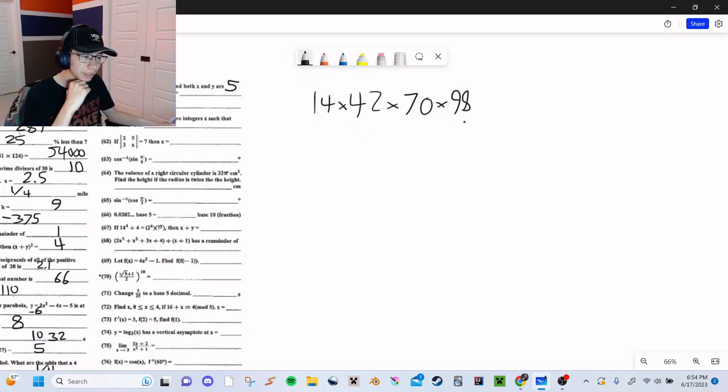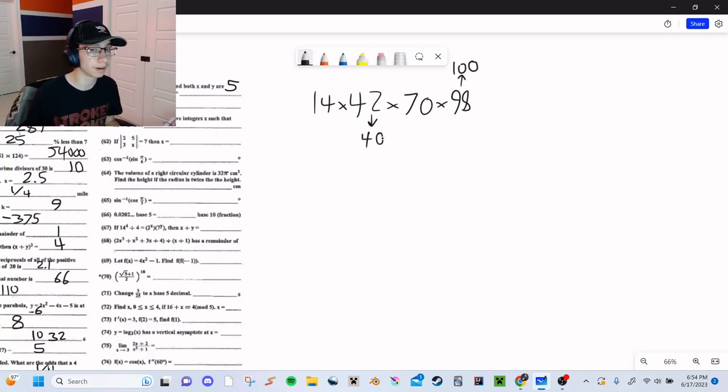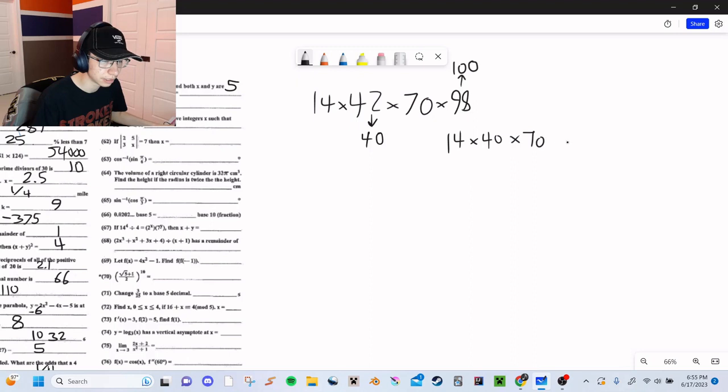Let's round this number here to 100. I might as well round another number down, kind of keep the estimation from going too far off the rails. So I'm going to move that 42 to a 40. Now I've got 14 times 40 times 70 times 100.